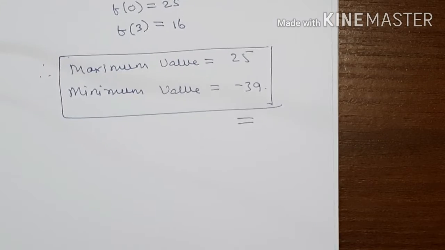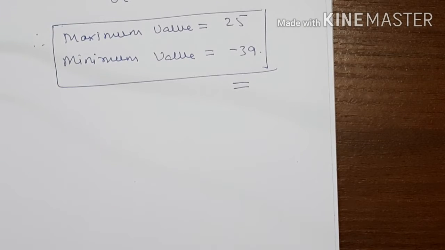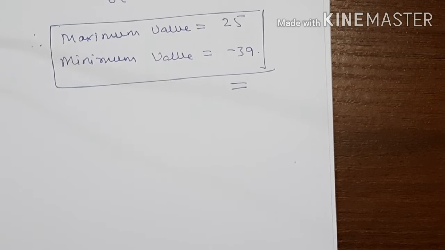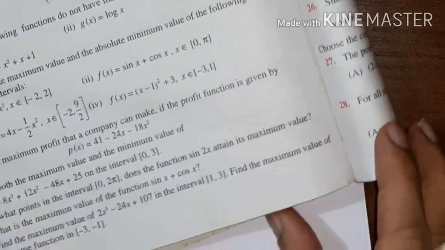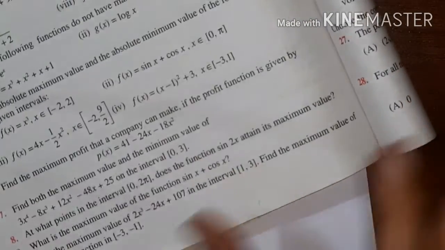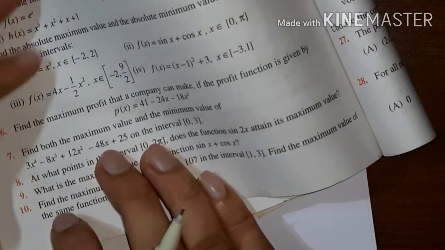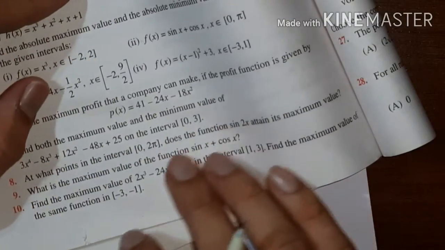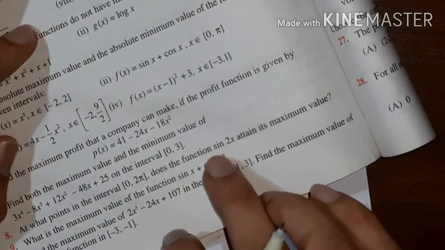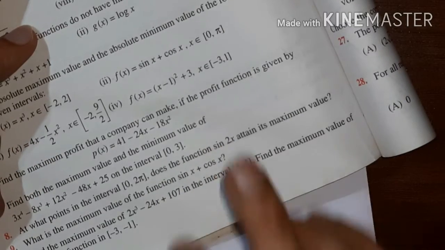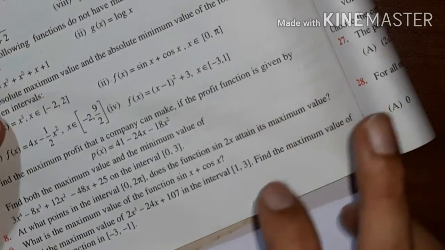Right. Now let us go to the eighth problem. So the eighth problem is what? At what points in the interval closed 0 comma 2 pi does the function sine 2x attain its maximum value?